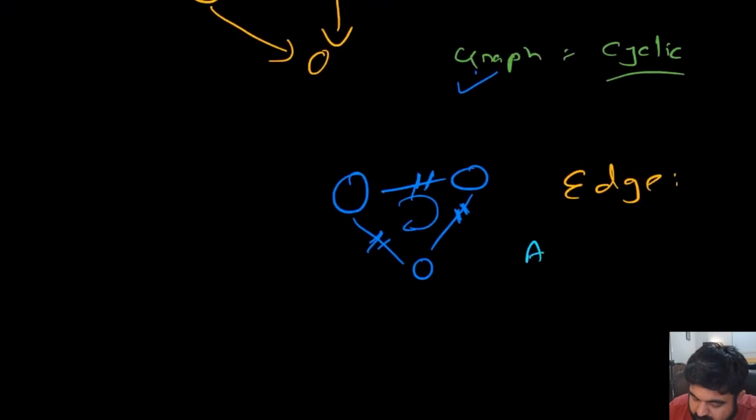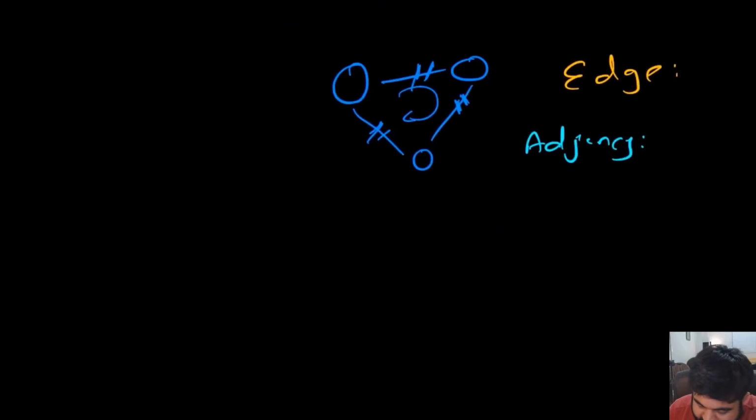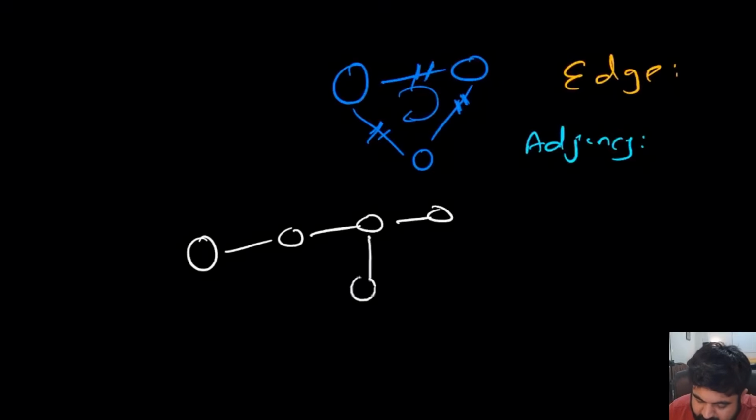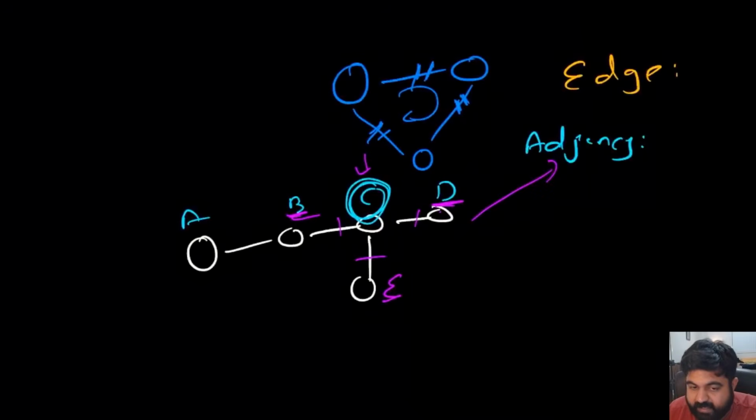Now there is also the concept of adjacency, or adjacent vertices. What do I mean by adjacent vertices? Let's say I have a graph that looks like this, and in this case currently let me mark the values as A, B, C and D. So in this case, if I consider this node C, I can say that node D, node B, and let's mark this node as node E. So B, D and E are actually adjacent nodes to this node C because they are directly connected with an edge.